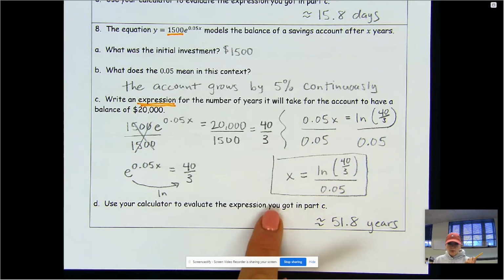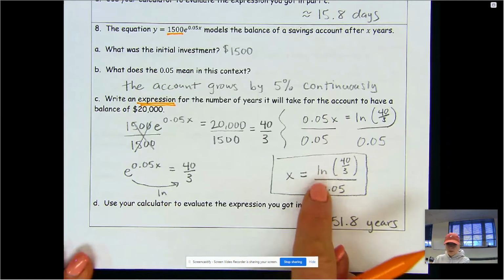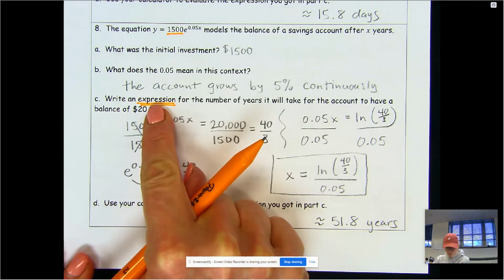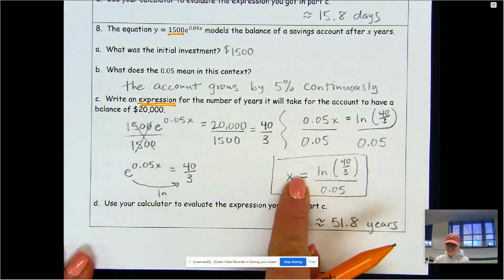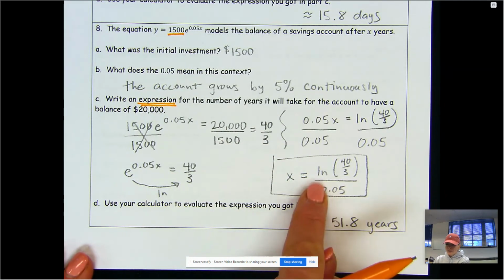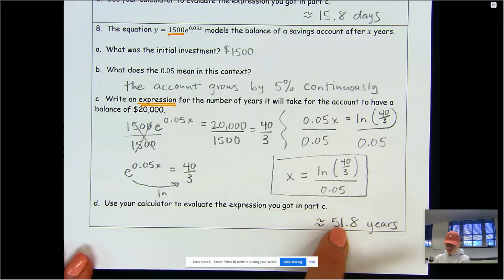And then on the review, it does say to use your calculator to evaluate the expression that you got. So this is definitely necessary when the directions ask for an expression. That might be a really big hint to you guys because you're going to be asked to write an expression. This is the expression. This is the value once you've evaluated, but this is the expression, approximate value.